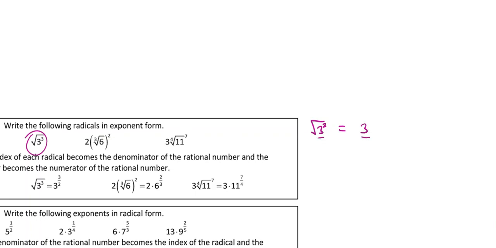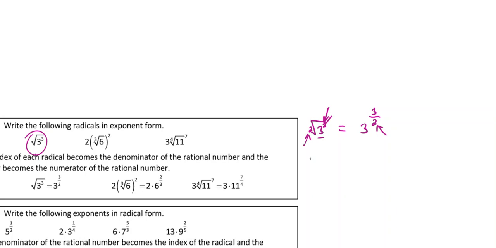So it's going to be 3 to the power of, and in this case, the exponent goes on the top of our fraction. So it's going to be 3 over, and then what kind of root do I have here? This is a square root, so there really is a 2 there. So this would be 3 to the power of 3 over 2. The bottom number is the index, and the power is still the power.